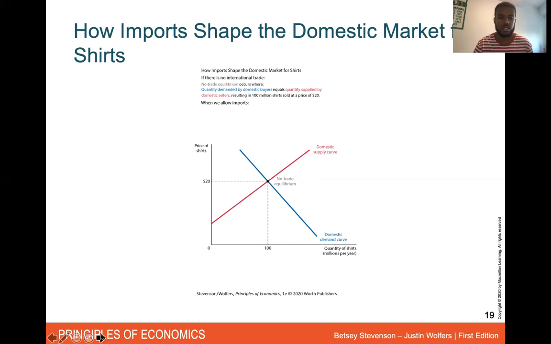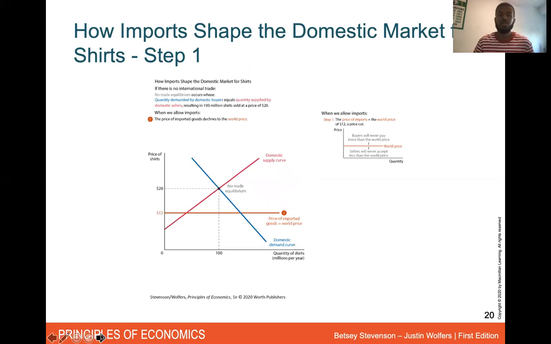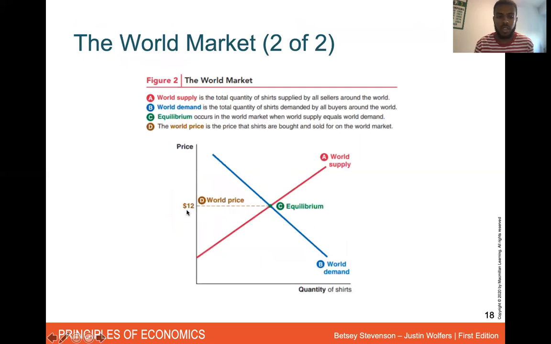All right, next slide. So we're going to be looking at how imports shape the domestic market for shirts. So step one, we saw before that the world price for shirts is $12. And this is the equilibrium for the international world supply and international world demand.